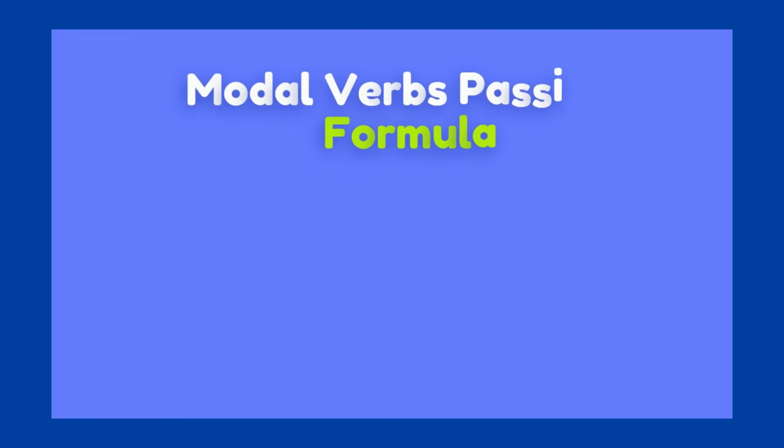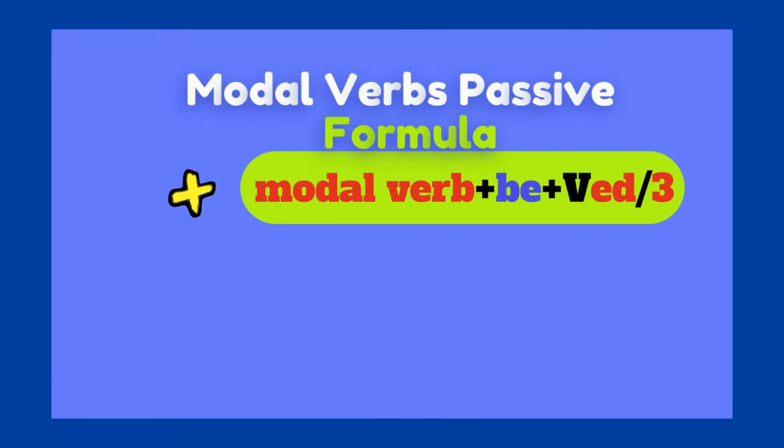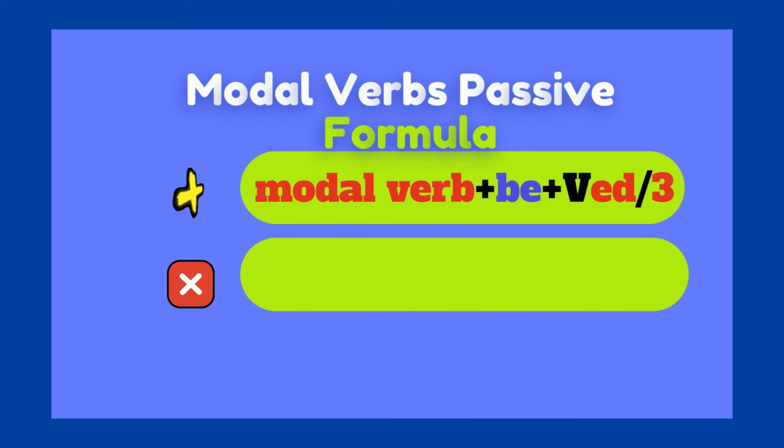Modal verbs with the passive form of the verb or the infinitive. In affirmative sentences we use modal verb, then be, plus the verb with the ending ed or in the third form of the irregular forms.